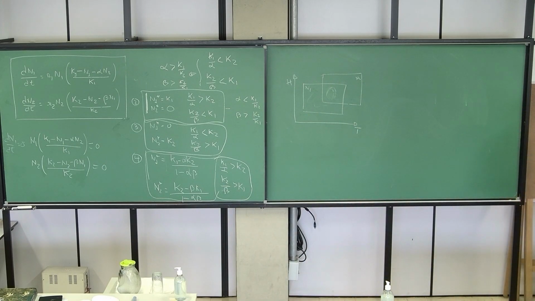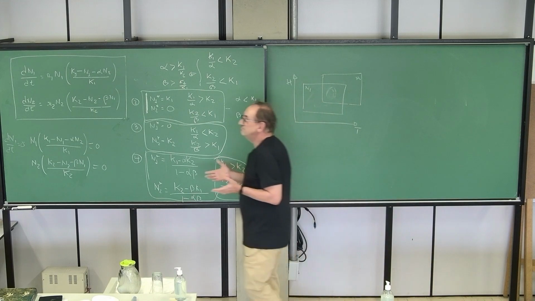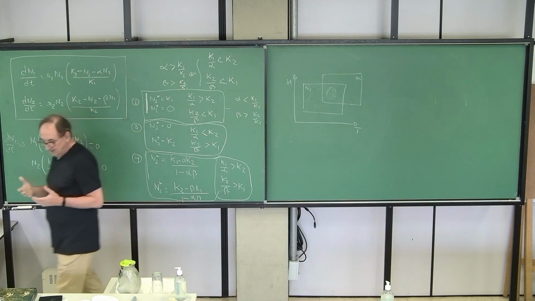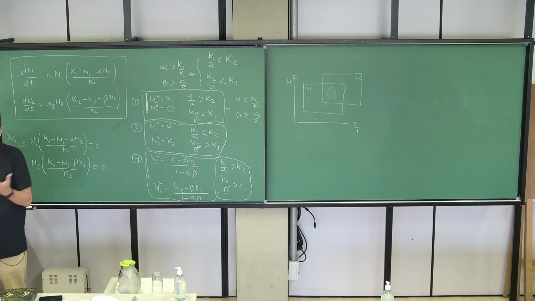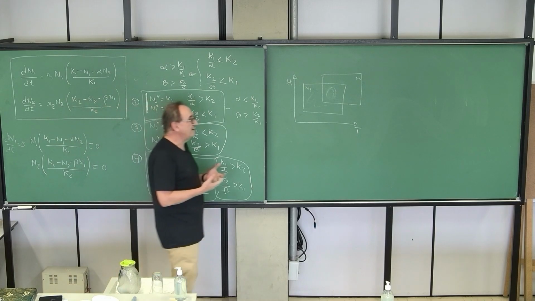The more modern niche theory is a little bit more complicated, but you will always have the idea that you have some kind of niche, a kind of fundamental niche, and so on.